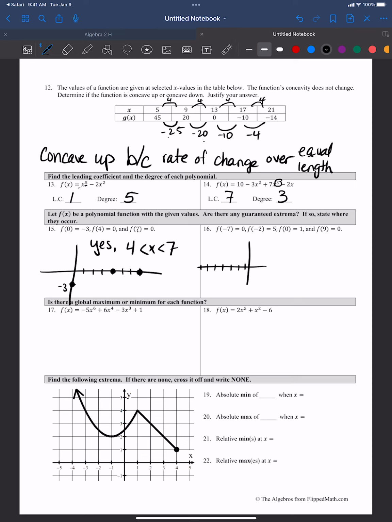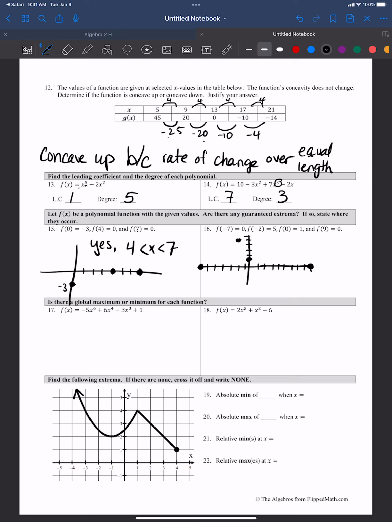So at negative 7, my y is 0. At negative 2, my y is 5. At 0, my y is 1. And at 9, my y is 0.